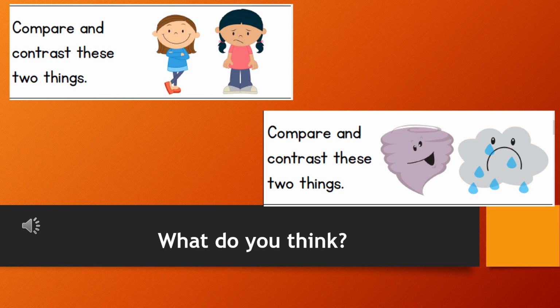Something that is different is that the one on the left looks like it's a tornado, where the one on the right looks like it's a rain cloud. Something else that could be the same is they are both a gray color. Another thing that is different is the one on the left has a smile on its face and the one on the right has a frown.